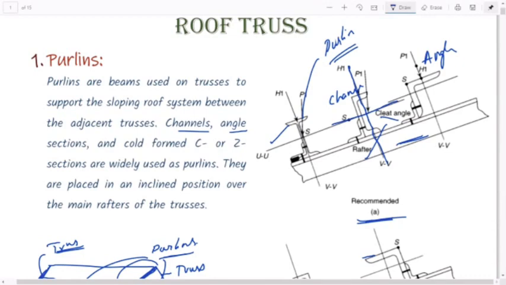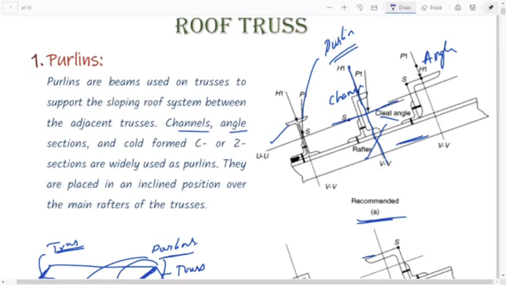But the load coming onto this purlin and the purlin self weight is not going to be along these two axes, right? The load always acts perpendicular to the level line, or you can say that the load is going to be always towards the center of the earth, that is vertically downward, right?